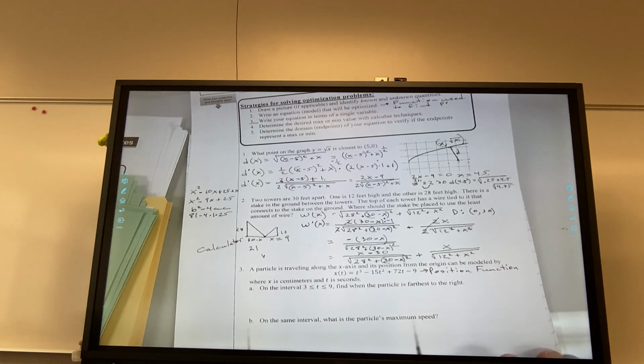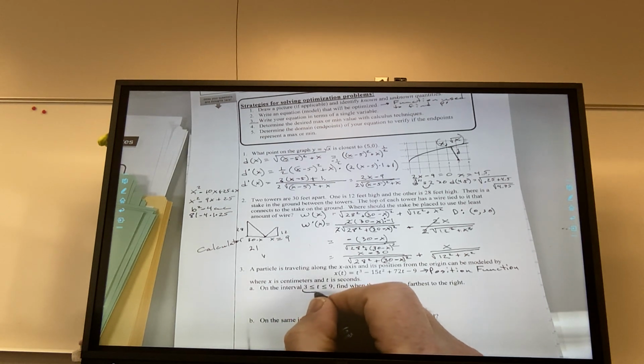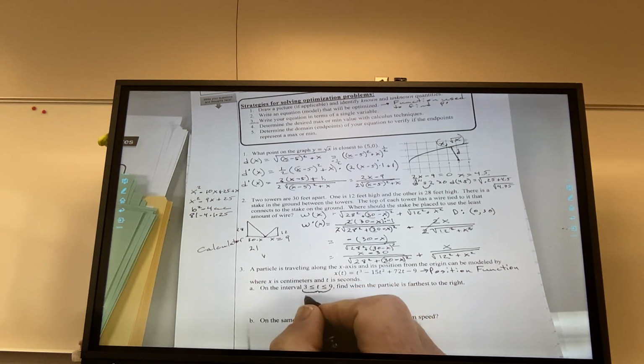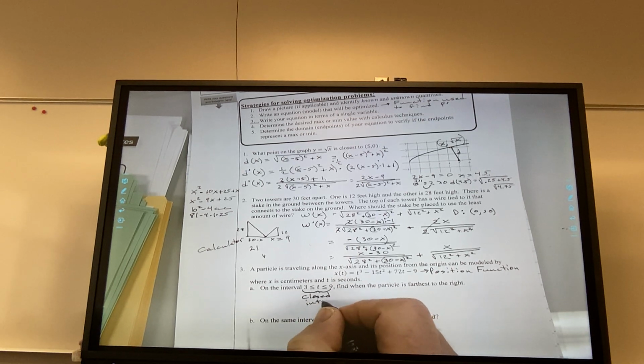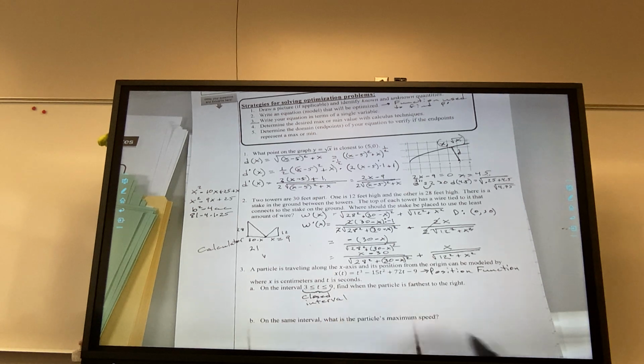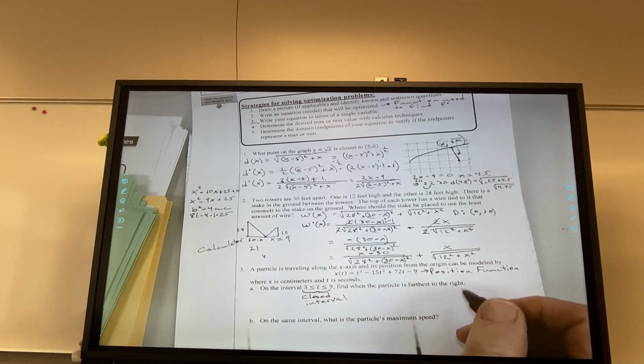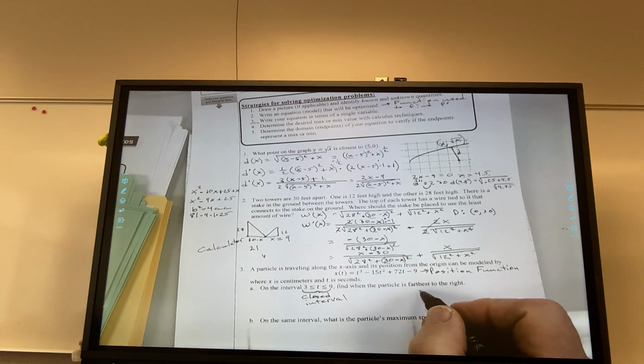And so it says on the interval from 3 to 9, so notice that this is a closed interval. Find when the particle is farthest to the right.